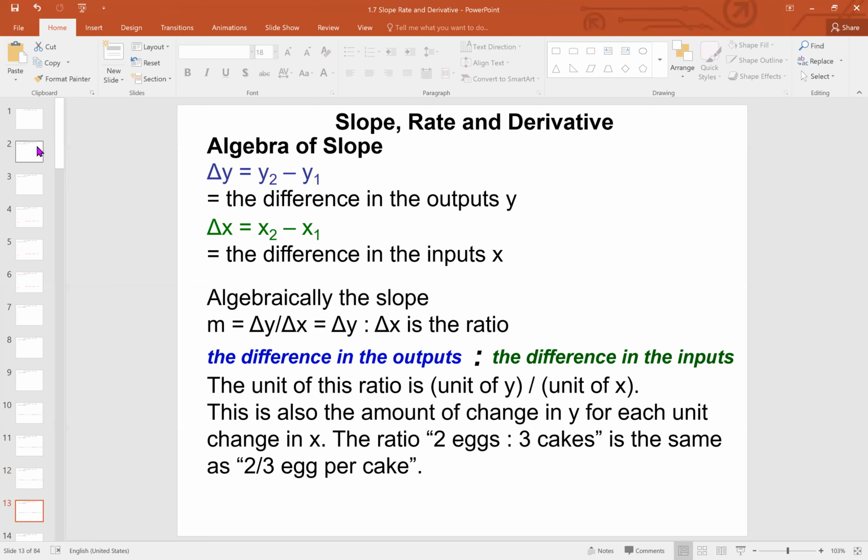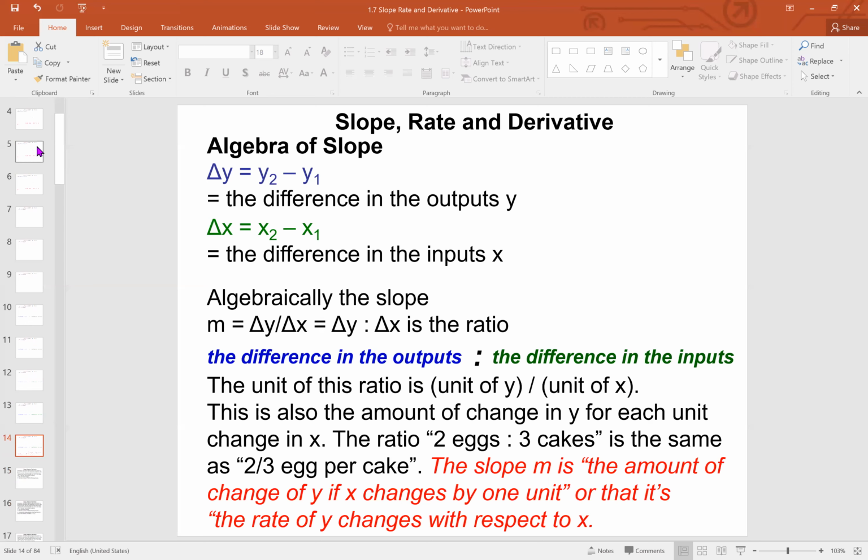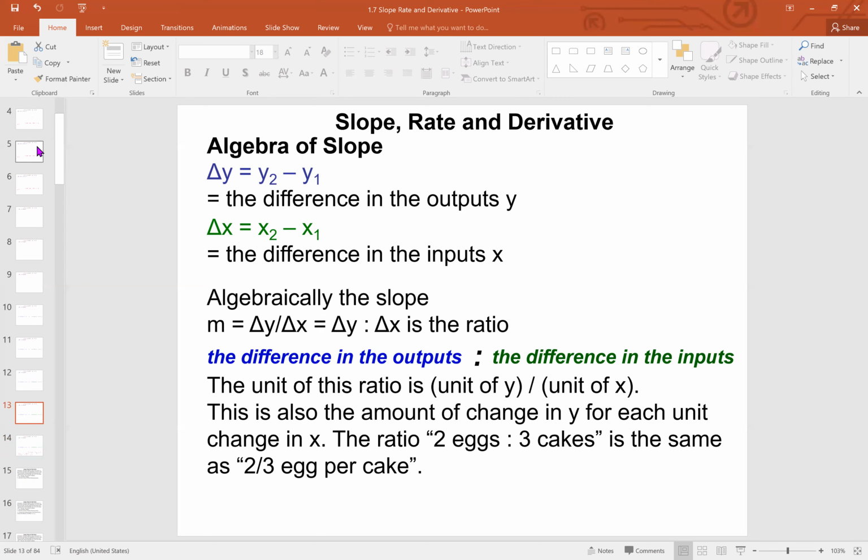Another interpretation is that the slope is the amount of change per unit. For instance, if I have the ratio 2 eggs to 3 cakes, I can interpret that as 2/3 of an egg per cake. So for every cake, there's 2/3 of an egg inside.